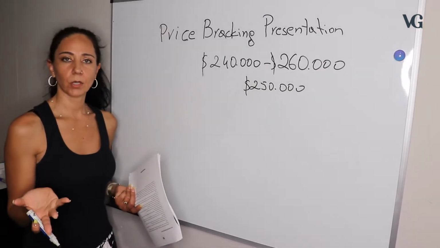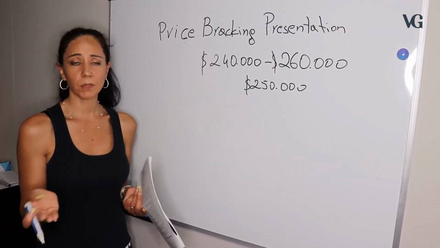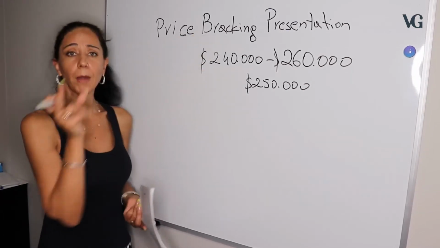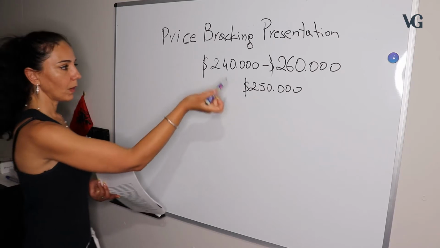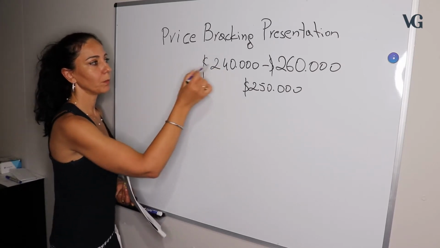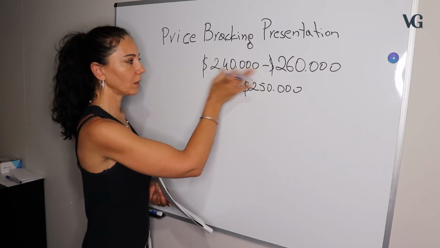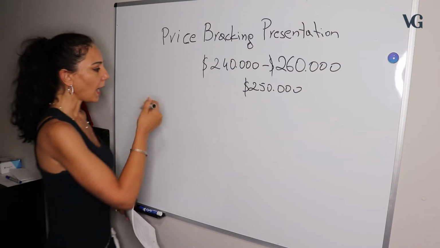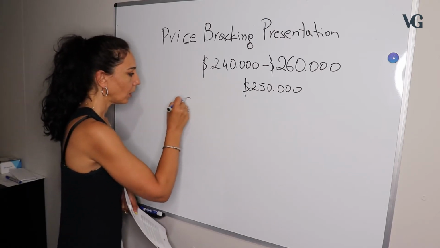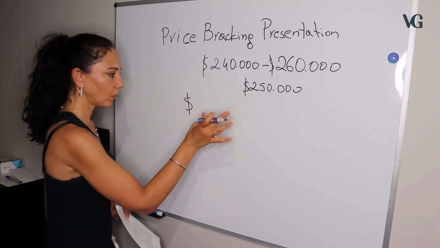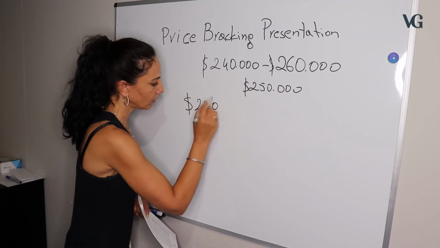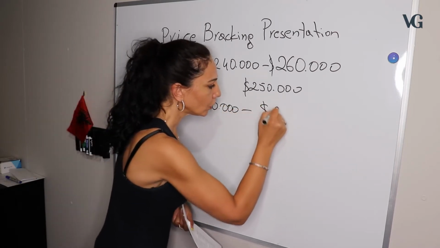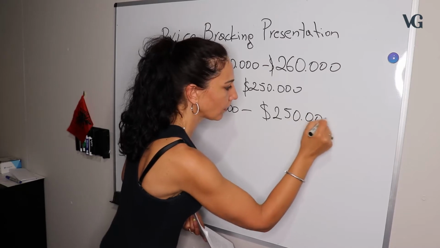When a real estate agent that is representing a buyer, or even the buyers themselves, search on the internet, they use price brackets. For example, for this property, which might have a value somewhere between $240,000 and $260,000, as a real estate agent I would search for properties in the range of $200,000 to $250,000.